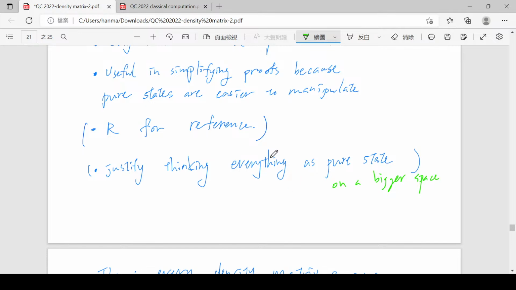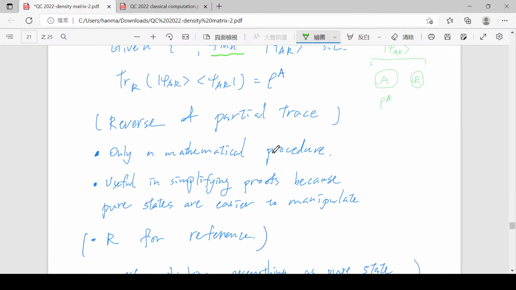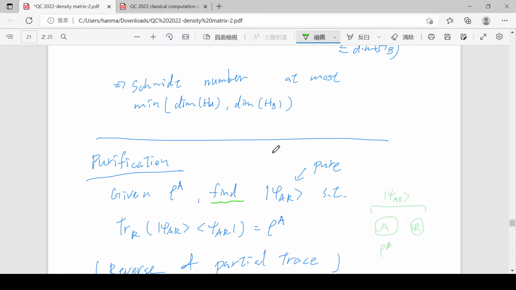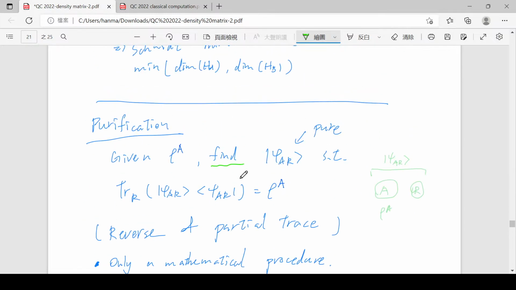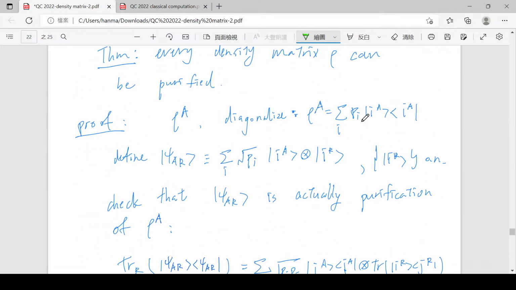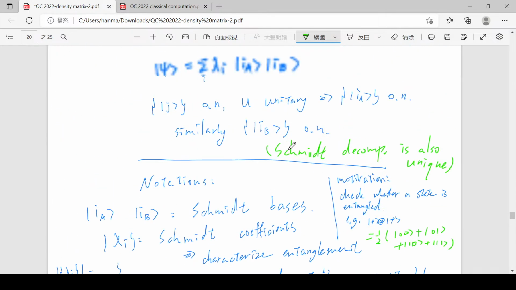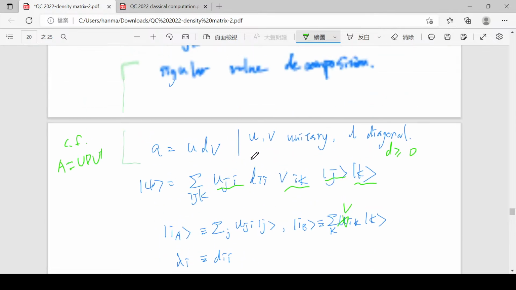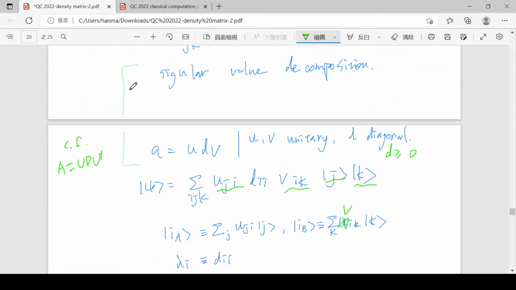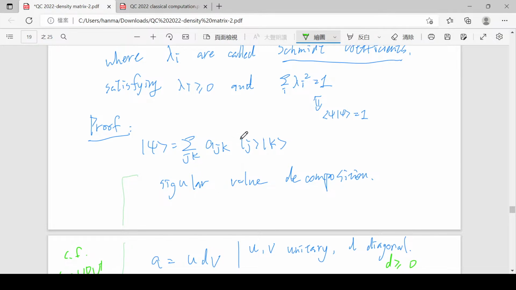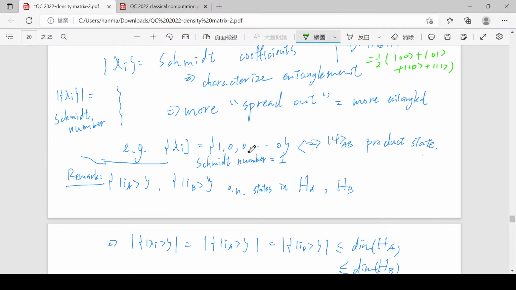Any question about purification, when we do the calculation? So a small summary. When you do purification, you diagonalize your matrix, and when you try to find the Schmidt decomposition, you do singular value decomposition on your coefficients.